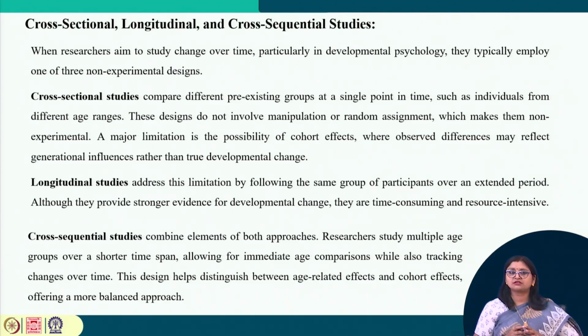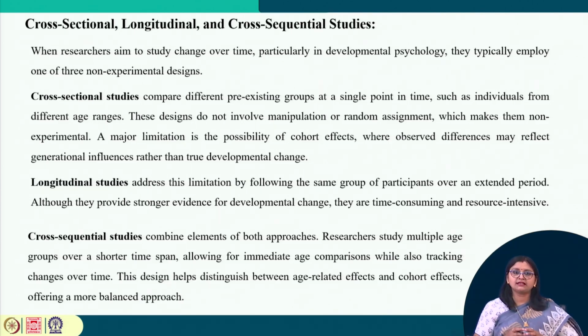The third one is cross sequential studies. It combines elements of both approaches, cross sectional and longitudinal. Researchers study multiple age groups over a shorter time span, allowing for immediate age comparison while also tracking changes over time.